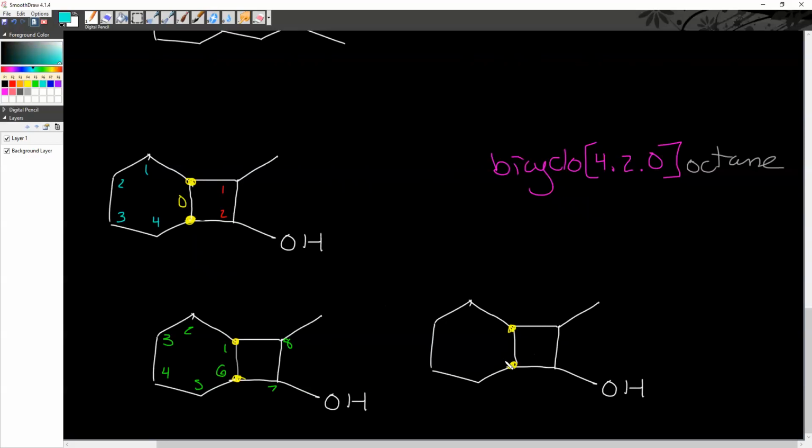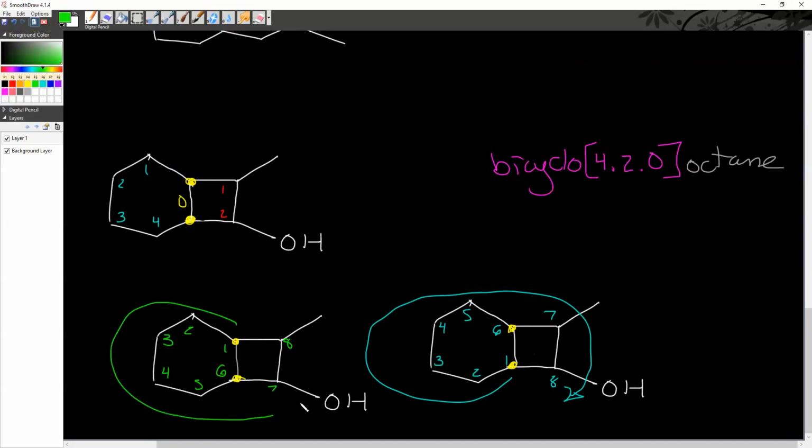We get 1, 2, 3, 4, 5, 6, 7, 8. And so the question becomes, which naming scheme are we going to use? Are we going to be going around this way, or are we going to be going around this way? And so the answer is we're going to be using the green pathway.